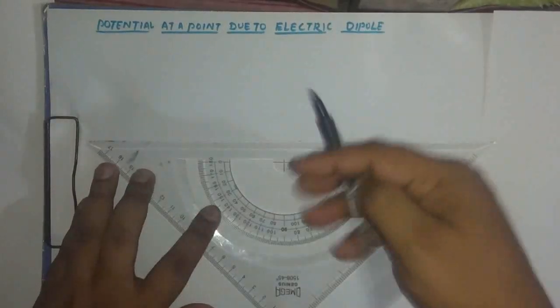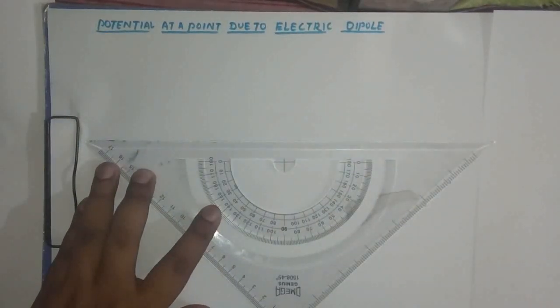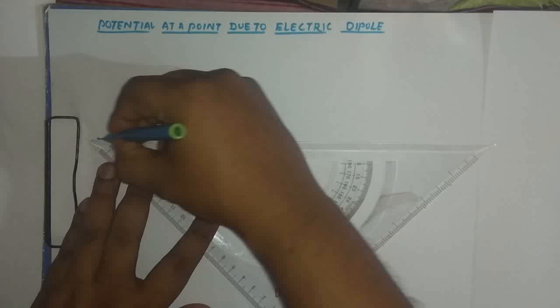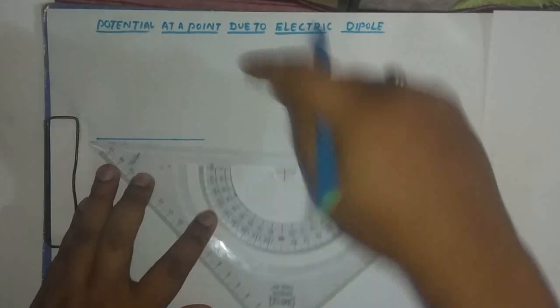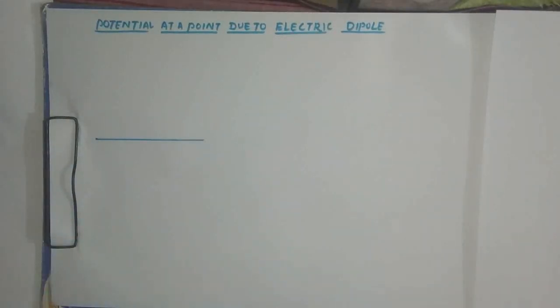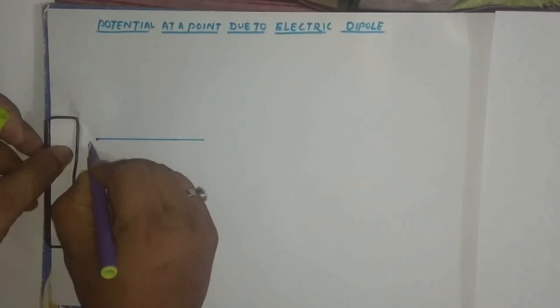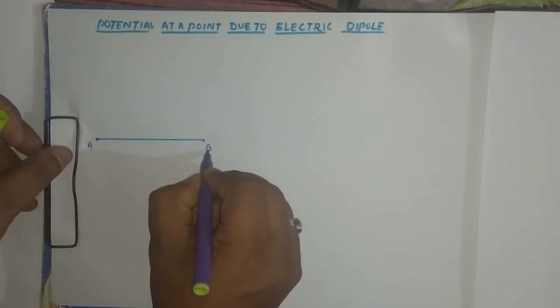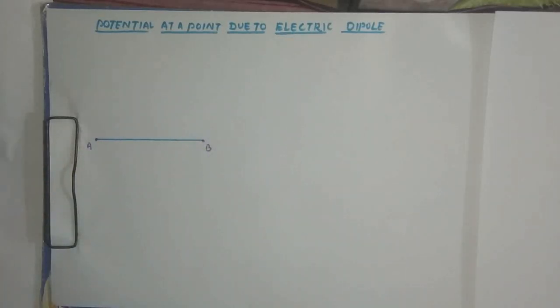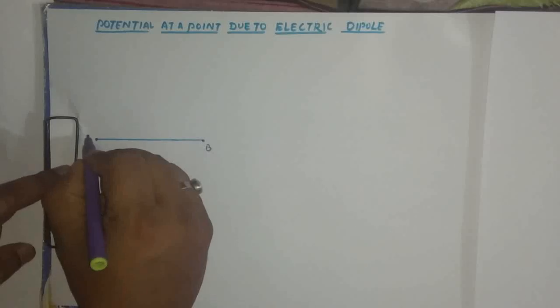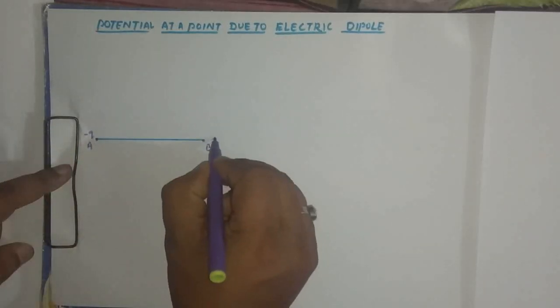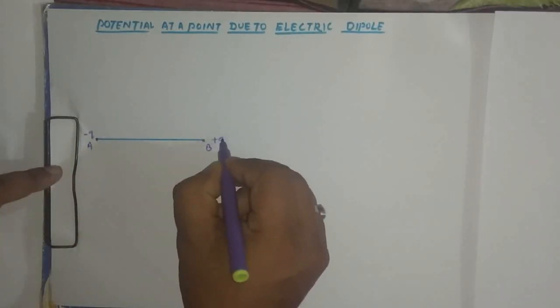Draw a dipole first. Try to draw the bigger one. Let it have two charges at points A and B. That is, one is minus Q, another one is plus Q charge.